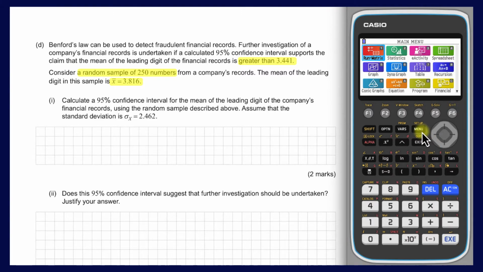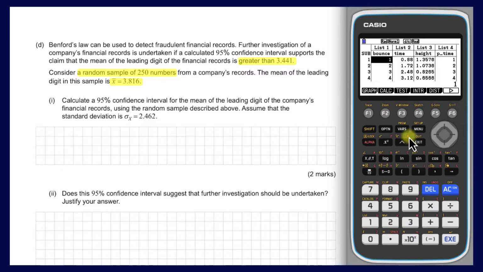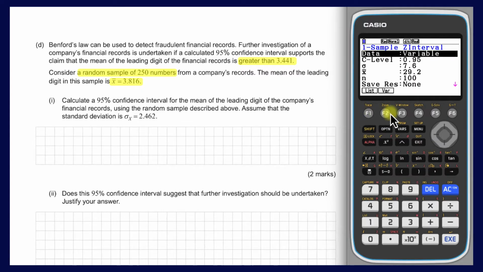So I'm going to move into menu 2, the statistics menu. I'm going to go to the interval section, do a Z interval using a single sample, or one sample. And we can see this is already set to be a 95% interval, but my sigma value will have to be changed to the value provided, which was 2.462.